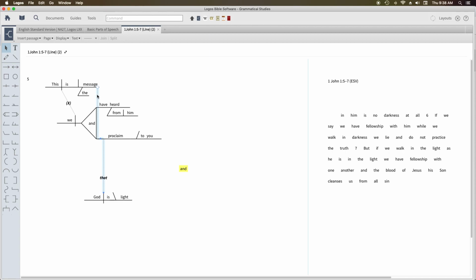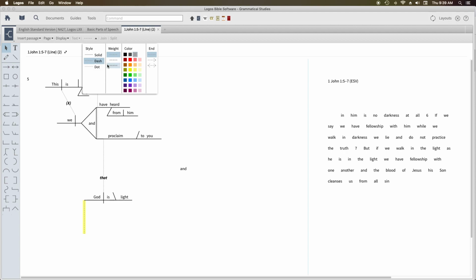I'm going to copy this line here. I always like to copy and paste so I don't have to do too much drawing. I'm going to turn this right here, and we're going to connect it to this. Then I'm going to go up here to this line and make this a dash.